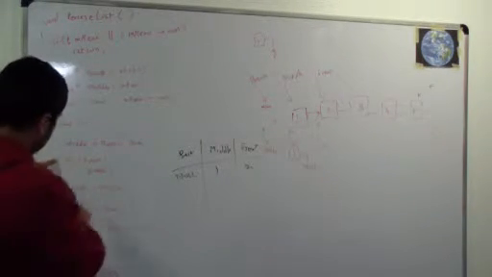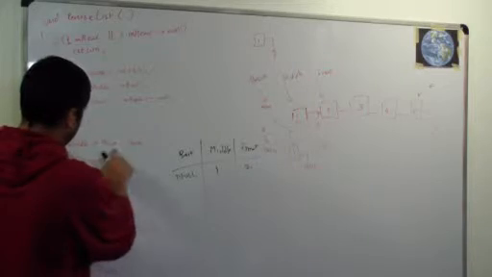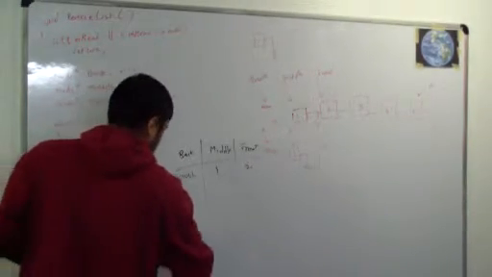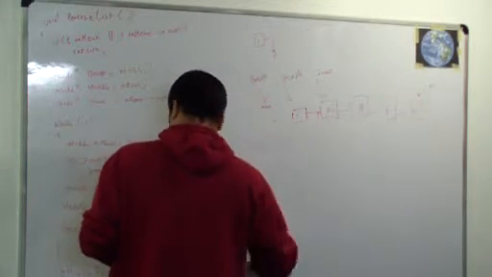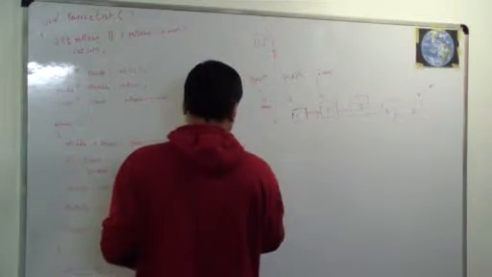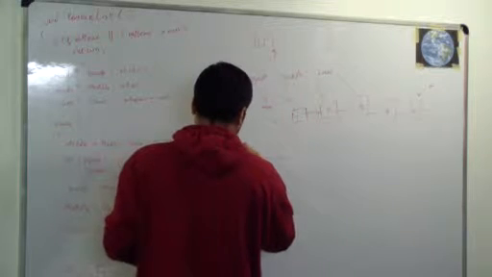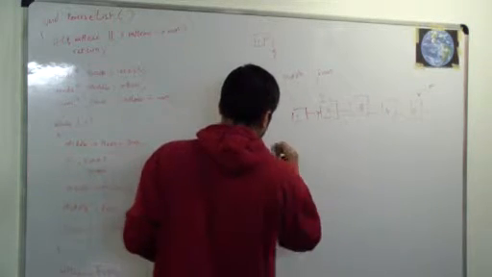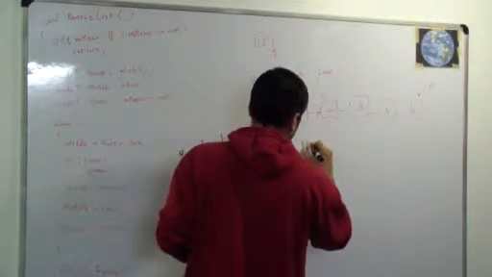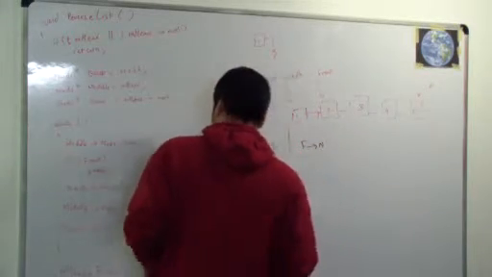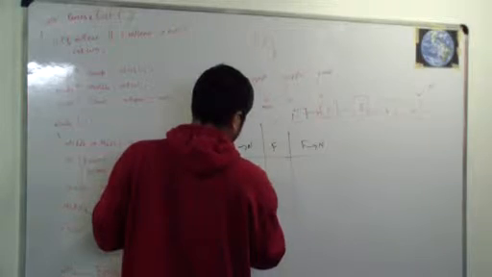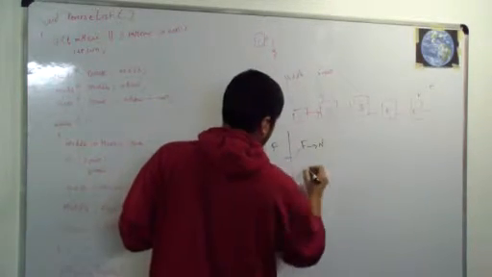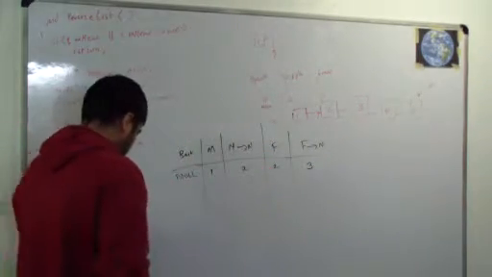So now, over here, your middle next should be 2. Your middle is 1, your middle next is actually 2, your front is 2, and your front next is 3, correct?